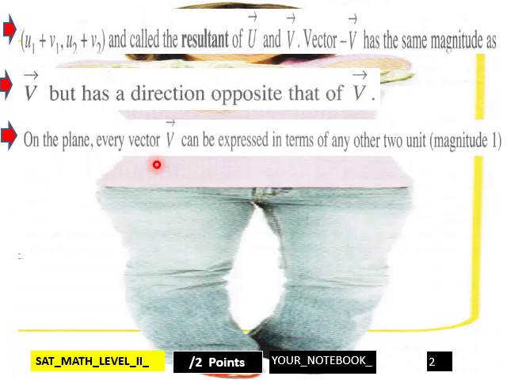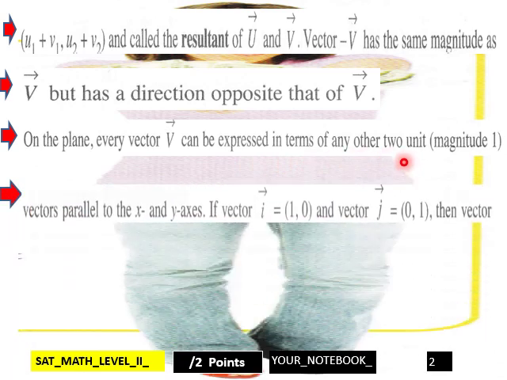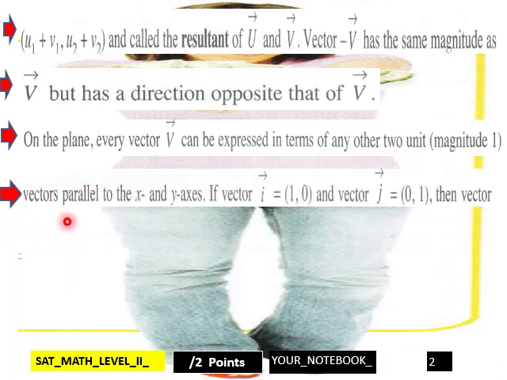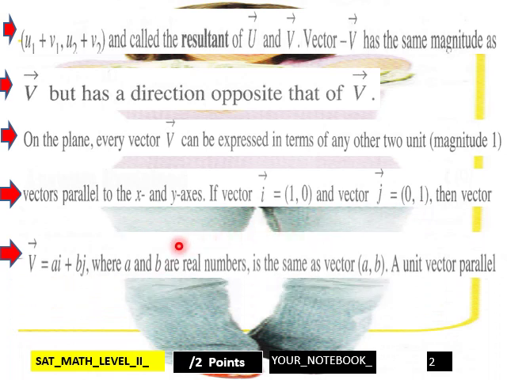On the plane, every vector v can be expressed in terms of any other two unit, magnitude 1, vectors parallel to the x and y axes. If vector i equals 1, 0 and vector j equals 0, 1, then vector v, which equals ai plus bj, where a and b are real numbers, is the same as vector a, b.